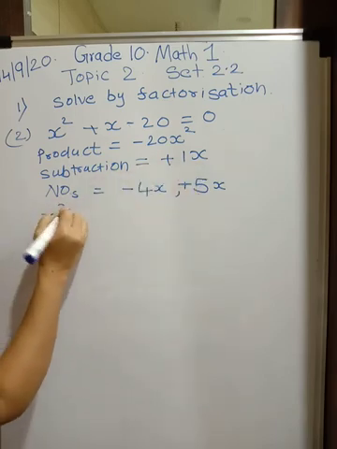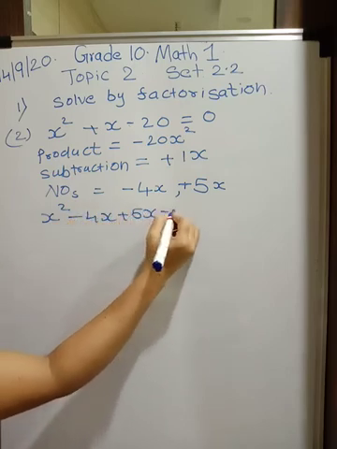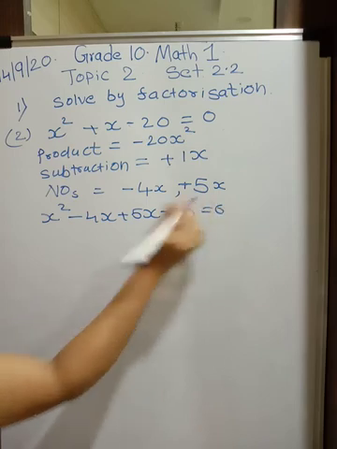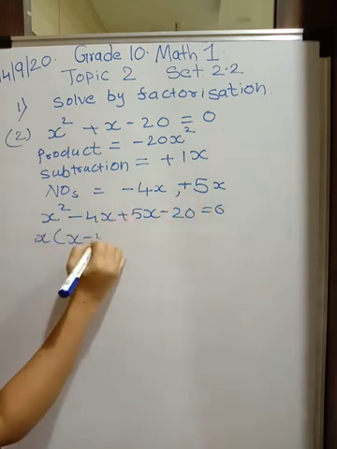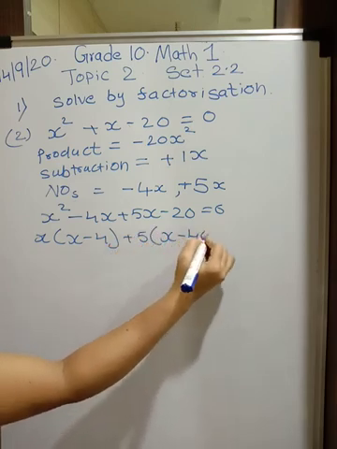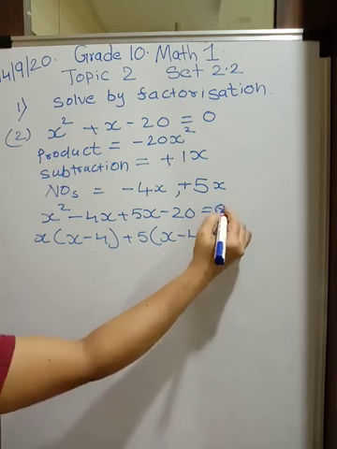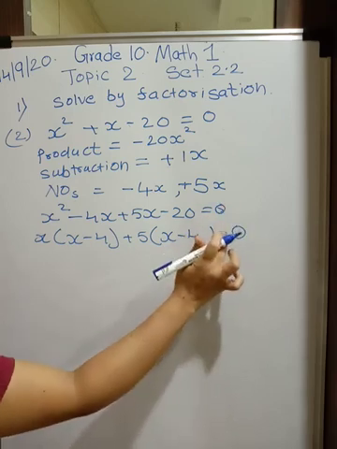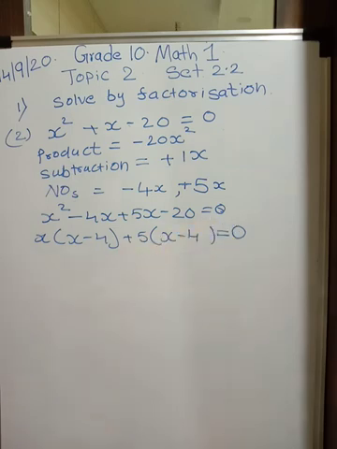Now let's write. So you have x square minus 4x plus 5x minus 20 is equal to 0. Alright, so x is common, x minus 4, plus 5 is common, x minus 4 is equal to 0.